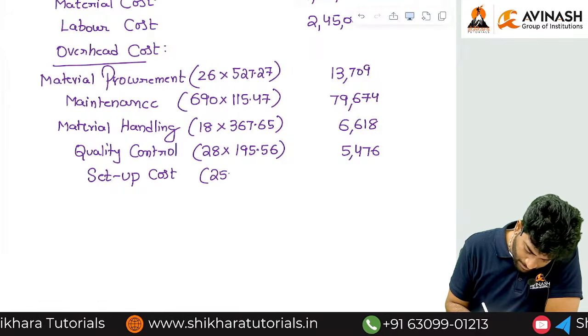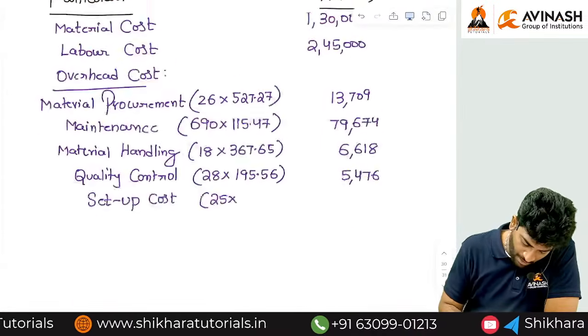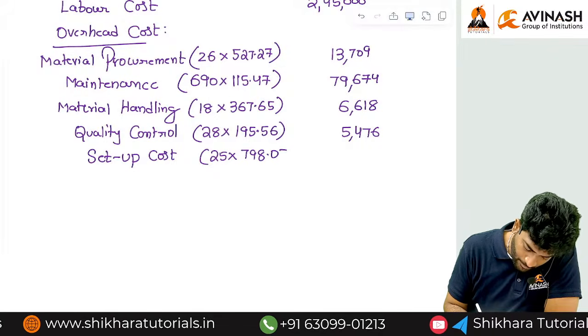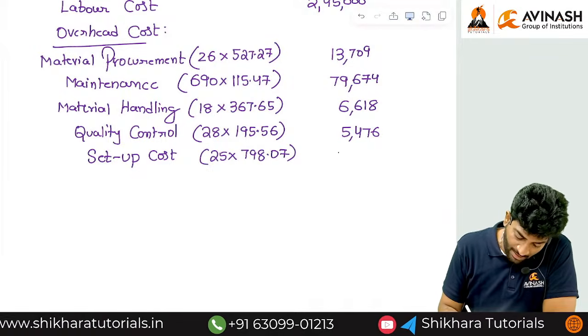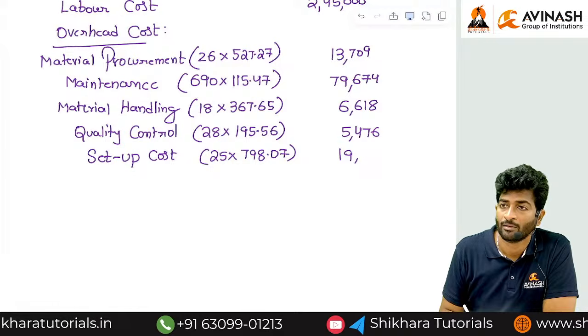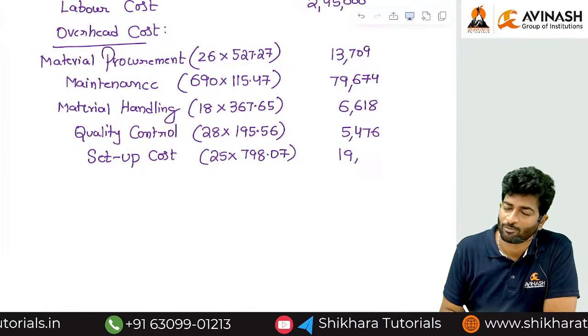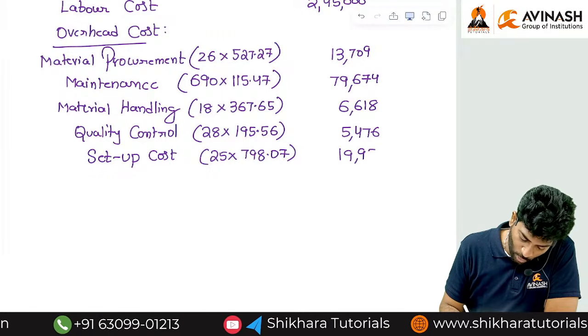Cost per setup, 798.07. 19,009, 951, 951 point. Make it as 950.